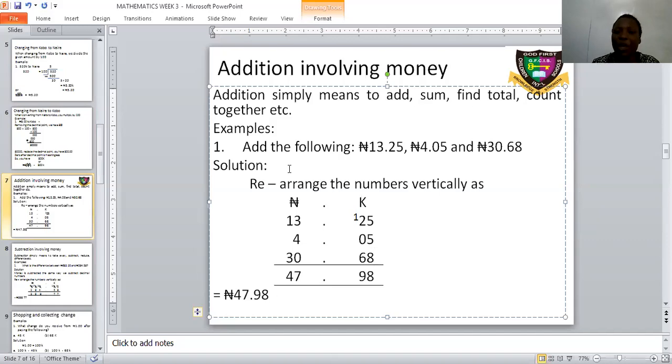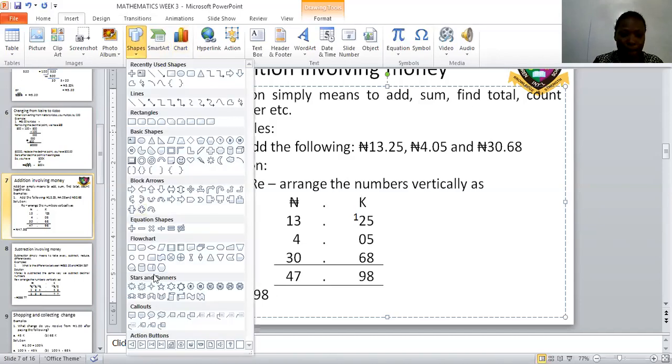5 plus 5 will give you 10, and 10 plus 8 will give you 18. So you write 8 and carry 1. 1 plus 2 is 3, 3 plus 0 is 3, 3 plus 6 is 9. Then 3 plus 4 is 7, 7 plus 0 is still 7. 1 plus 3 is 4.